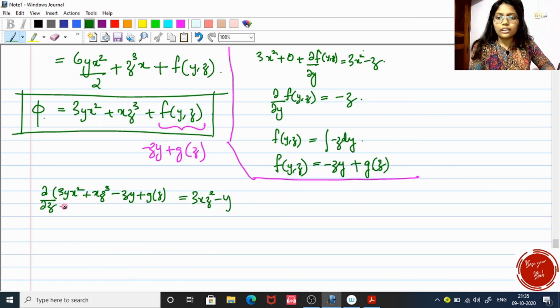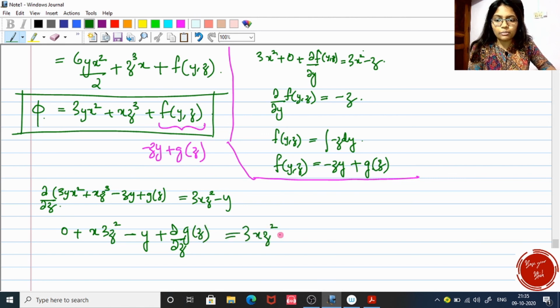Now let's take the derivative with respect to z. So here only y and x, so derivative 0, plus x z cube has the derivative x into 3z square, minus zy has its derivative minus y, plus dou by dou z of g of z. Dou by dou z of g of z equal to 3x z square minus y.